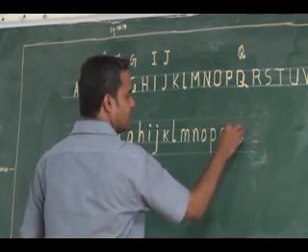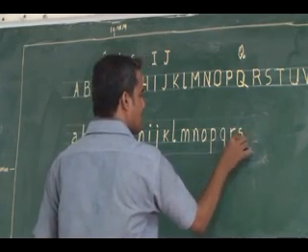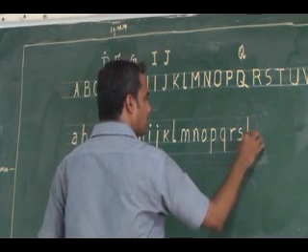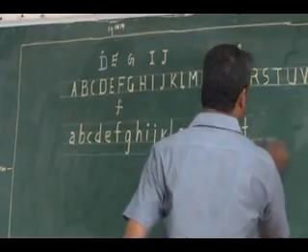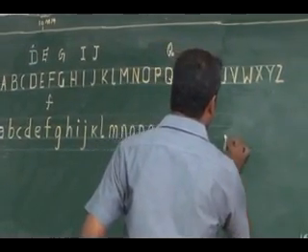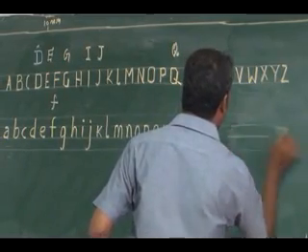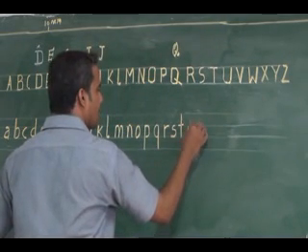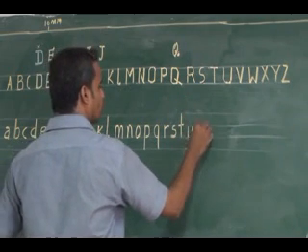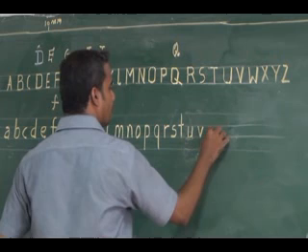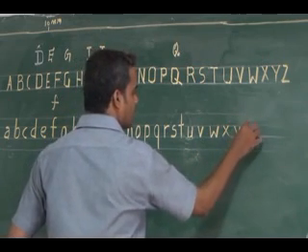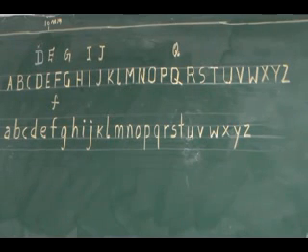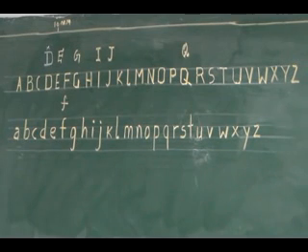R, just a vertical line, and you have to write it. S, T, U, V, W. Write as usual how you are writing, and the difference you see, you will be able to remember.